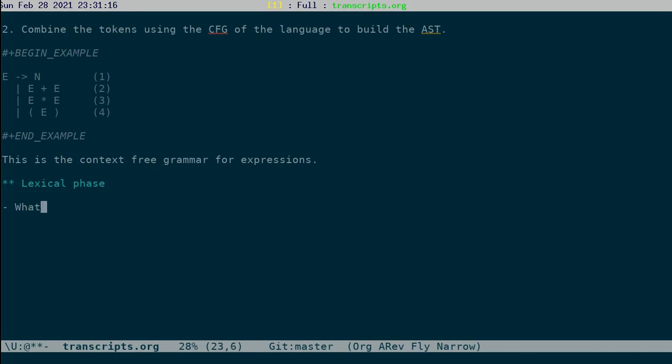What are the terminals of this grammar? If you look at it, n, plus, star, left bracket and right bracket are the terminals, the tokens.